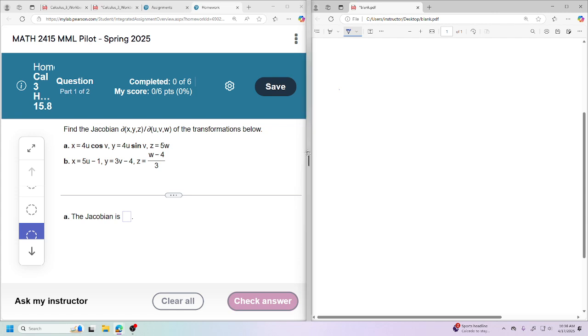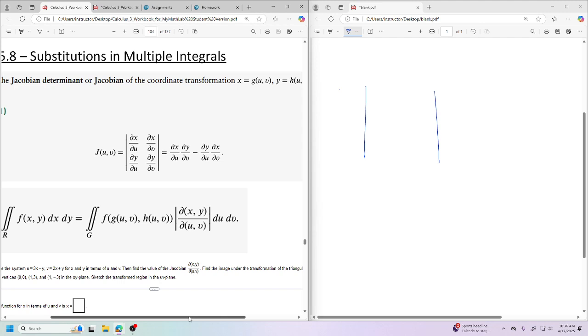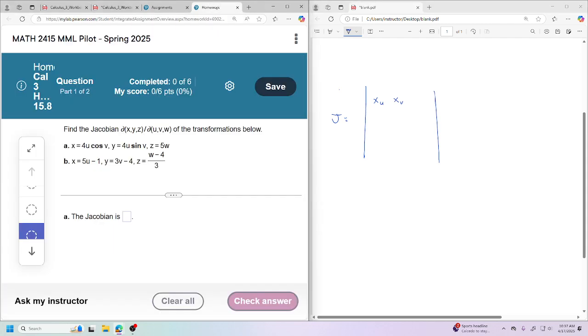So yeah, find the Jacobian, but this is a 3x3 thingy. I was making a joke because what we need to do is the determinant of a 3x3 Jacobian, which is really hectic. So let's see if I can figure out at least how to get this started, and then we'll work backwards. Notice this is x in terms of u. So I'm going to do x in terms of u, x in terms of v, and then they're also using w.